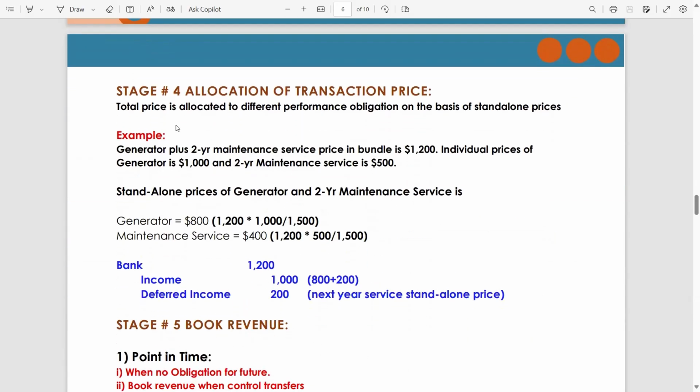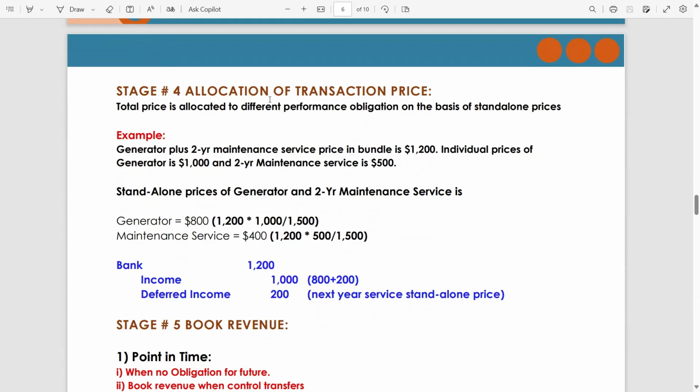Now stage 4, allocation of the transaction price. The total price is allocated to different performance obligations on the basis of stand-alone prices. We discovered the performance obligations in stage 2.